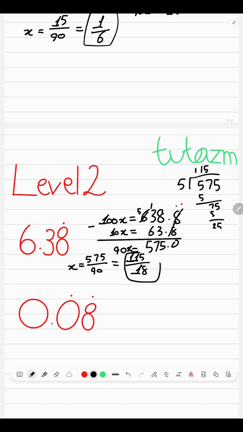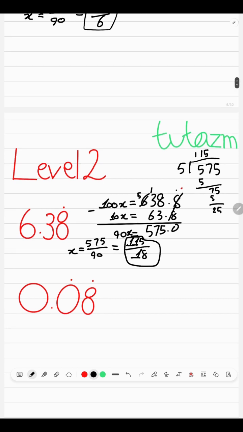So 6.38 recurring is equal to 115 divided by 18.